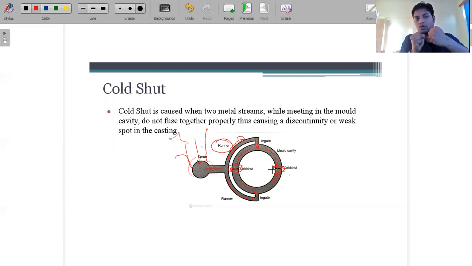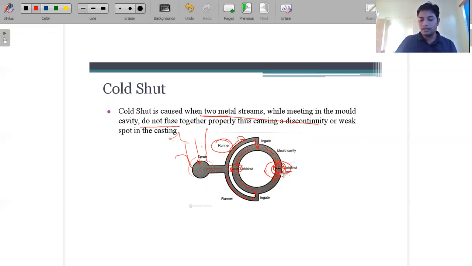But when semi-solid comes, it will be like this one, so some kind of deformation will always be there. So we call these defects cold shuts. When we are using two metal streams, and they solidify before they fuse together, before coming in contact only they solidified, we call this defect the cold shut.